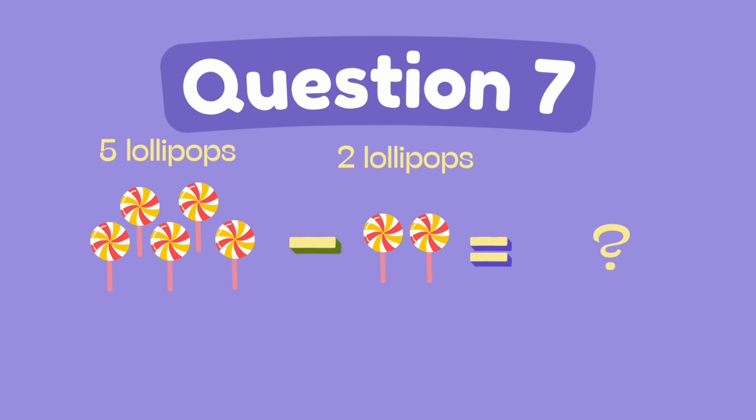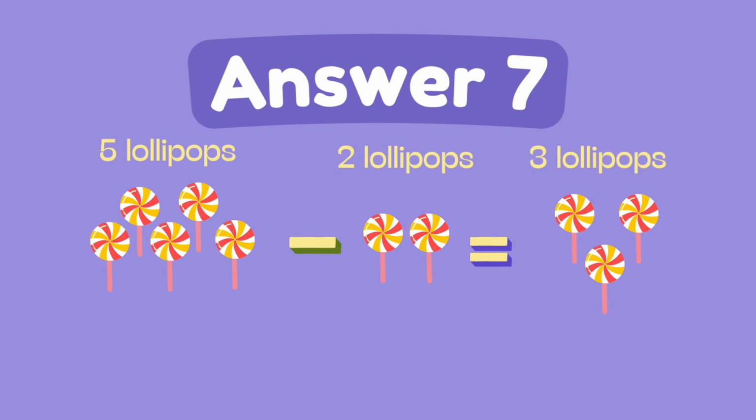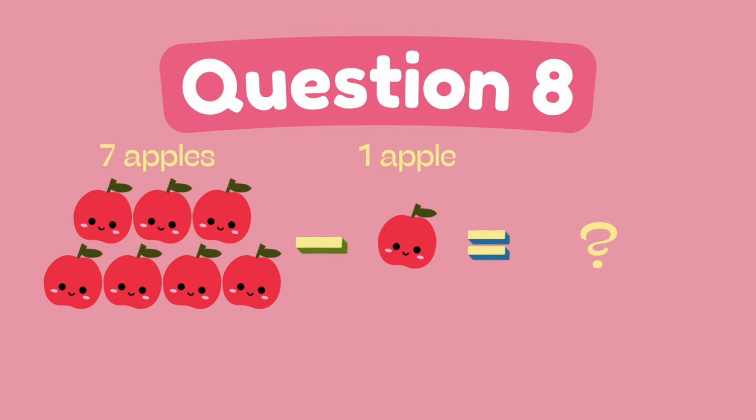What is 5 minus 2? The answer is 3. What is 7 minus 1?